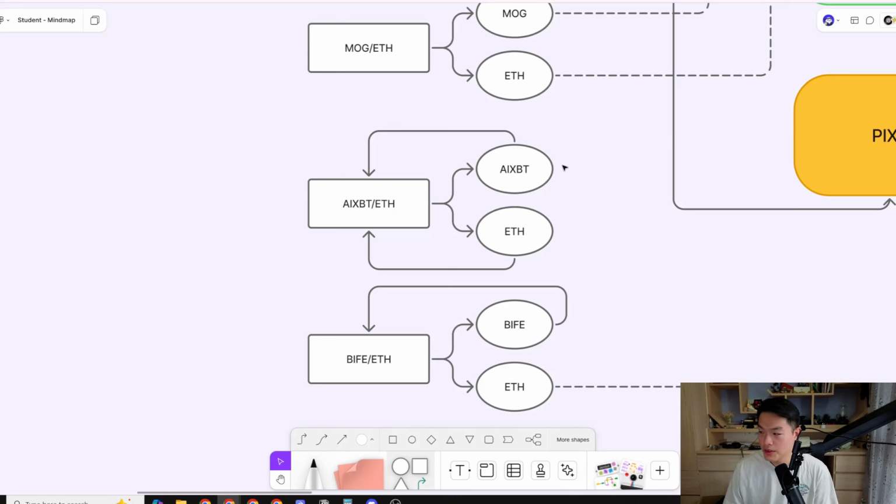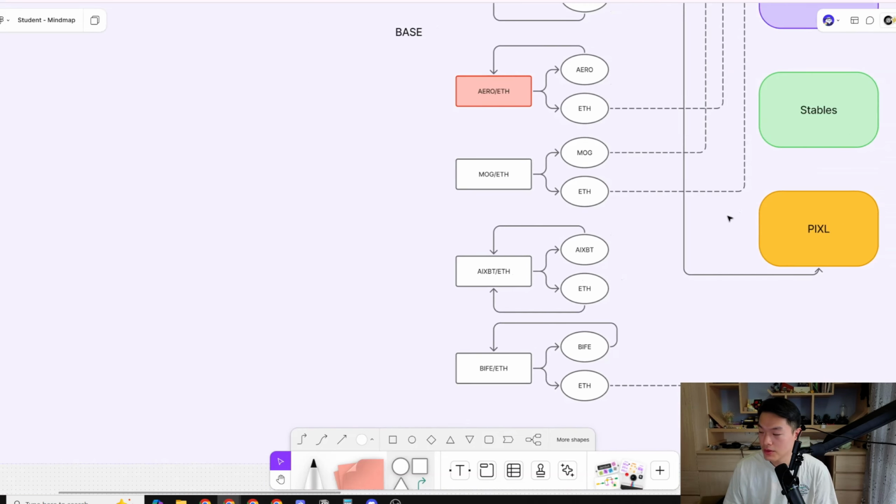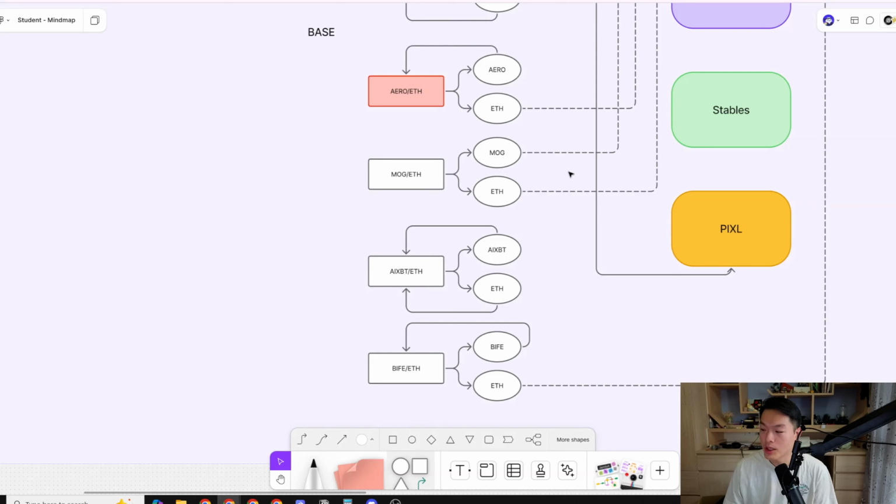So instead, be sure to take out a portion of your fees into stables or Bitcoin, especially if you guys have to pay taxes. You do need to pay taxes on your fees, so be sure to take some profits every single month. And lastly, the main mistake again that we focus on in this video is compounding when they should be exiting or de-risking.